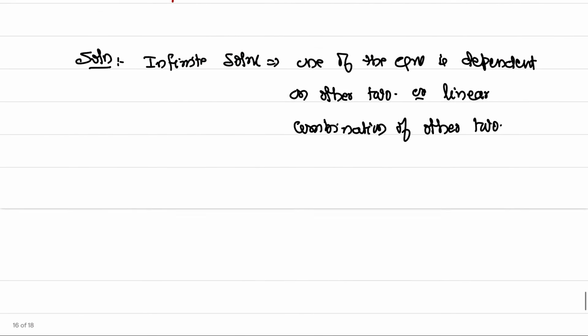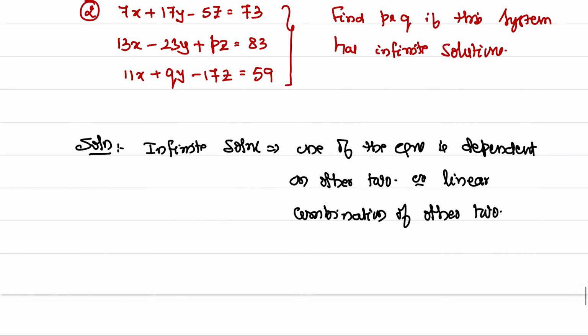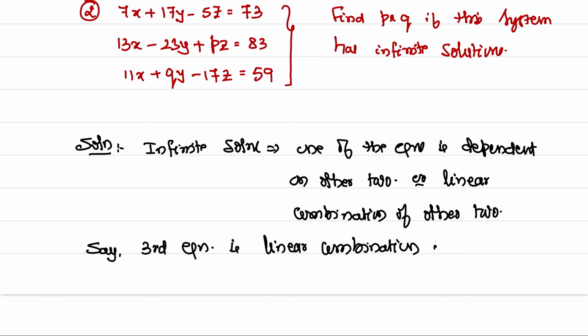That means, for example, let us say the third equation is a linear combination of one and two. What happens?